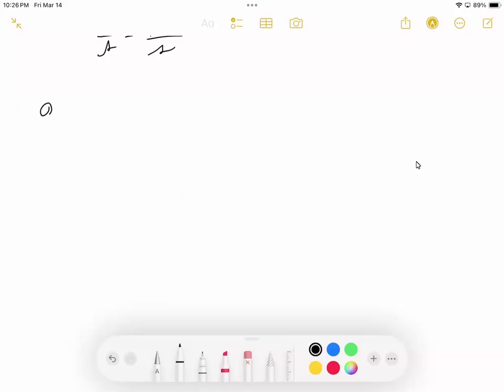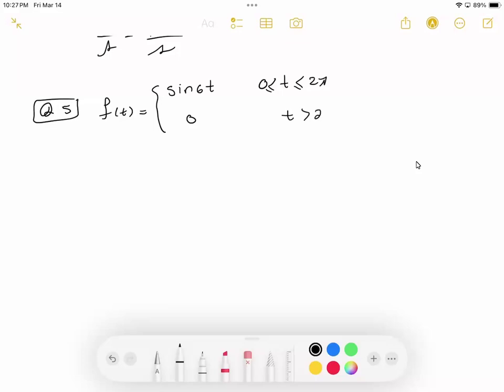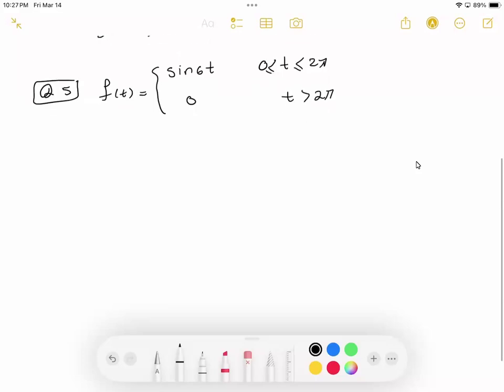So question number 5 rather, we are given that f of t is equal to sine of 6t, and t is going from 0 to 2 pi, and it is 0 for t's greater than 2 pi.